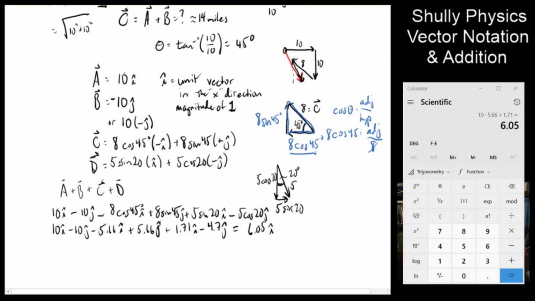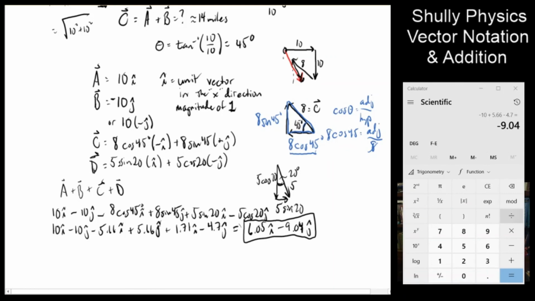And finally, we're going to take that negative 10 and a negative 9.04 in the j direction. So our final vector has these two components. You've got a component in the positive x direction, and a negative component in the y direction.